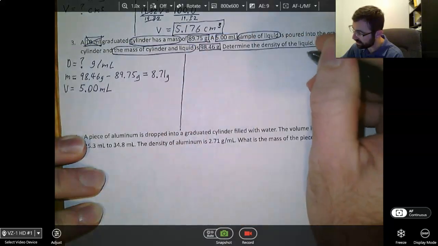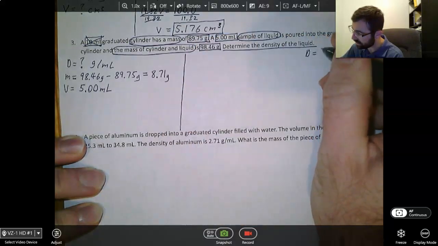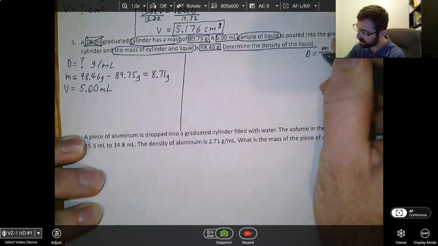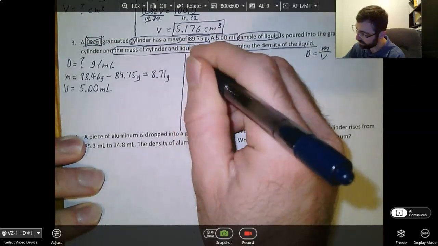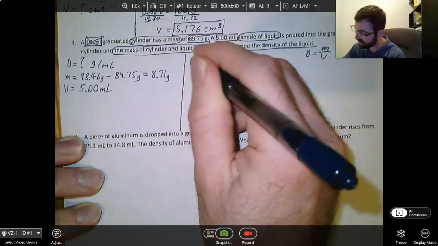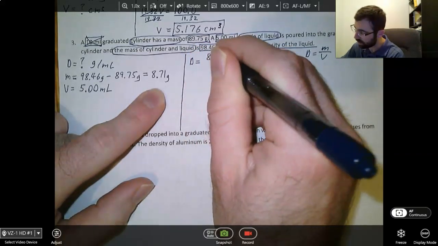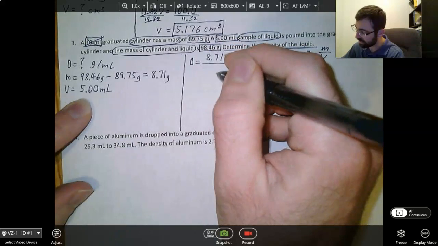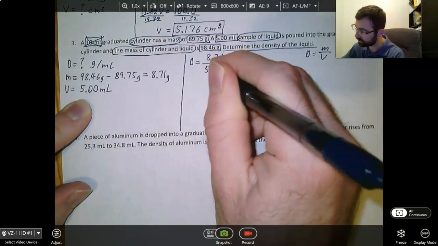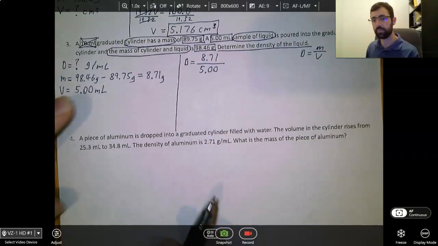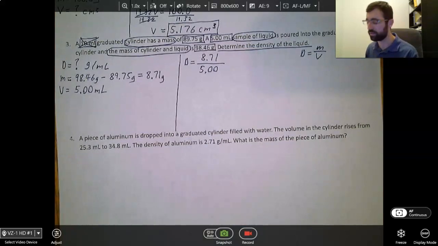Again, D equals M over V. So let's write that down. Density equals, and then mass is 8.71 over 5.00. This is an easier problem than the last one because I don't have to cross multiply.